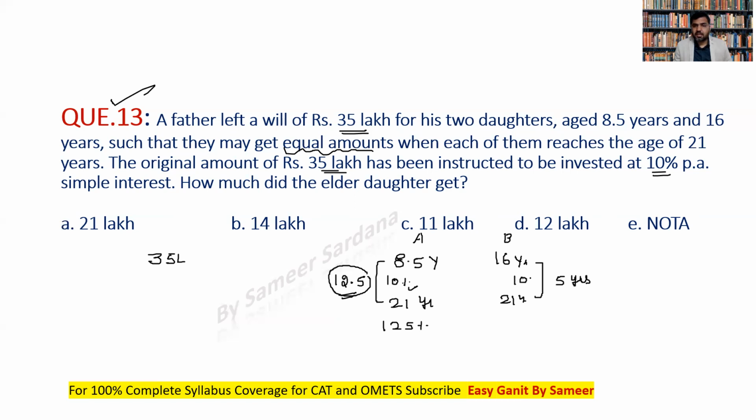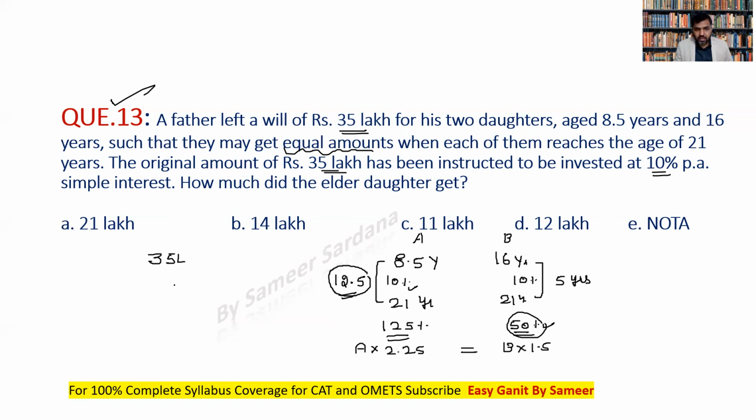This girl is earning 10% for 5 years, so this girl will be earning a total of 50%. So the principal of A will get increased by 125%, so it will amount to 2.25 times of itself. Principal of B will increase by 50%, so it becomes 150% of itself, that is 1.5.